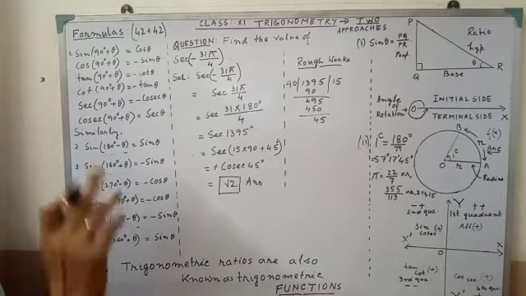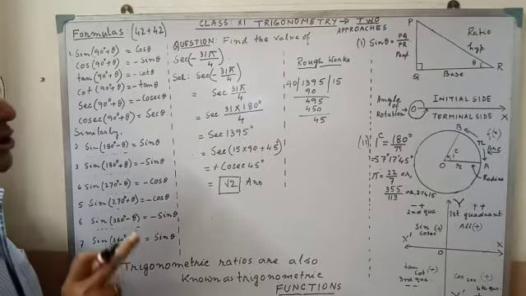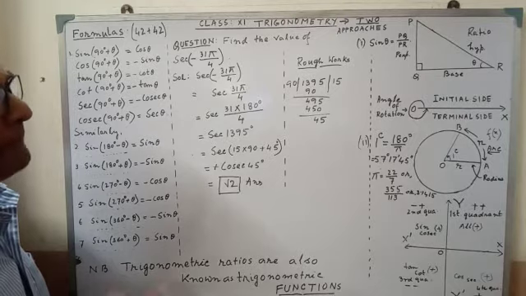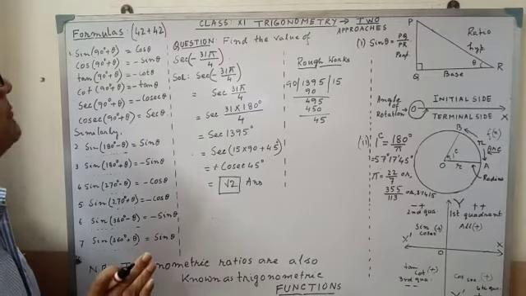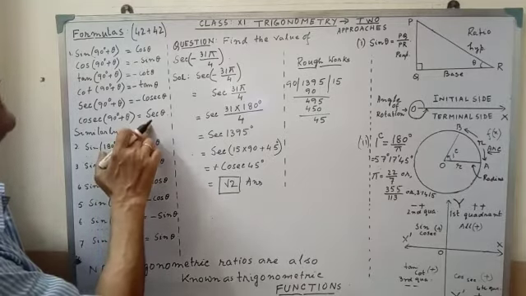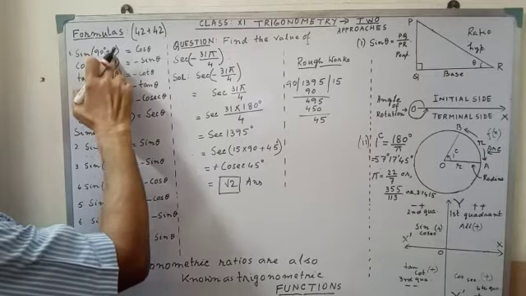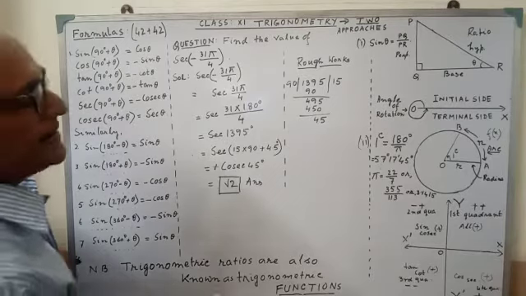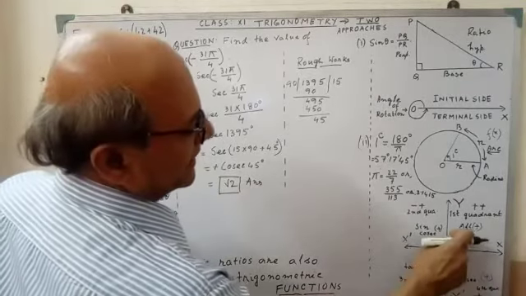Among these 6 trigonometrical ratios, cos and sec, these two will be plus, and except these two, others will be minus. And here sine 90 degree plus theta is cos theta. To understand the sign, you have to understand this thing.